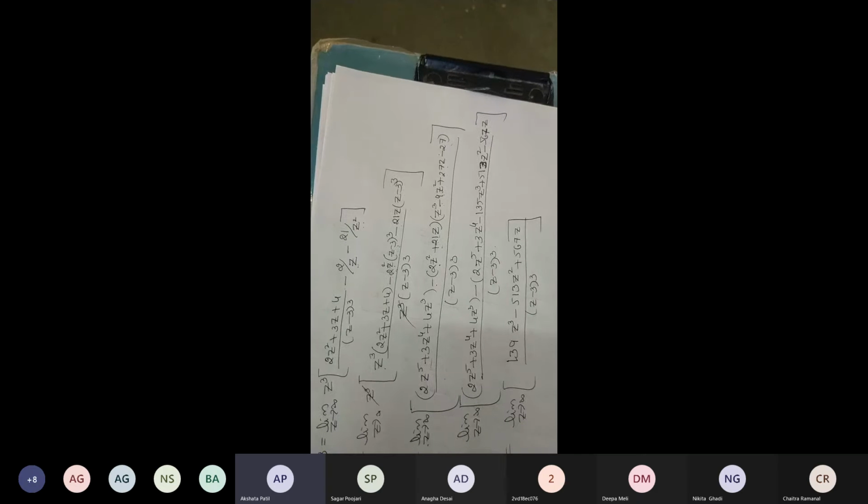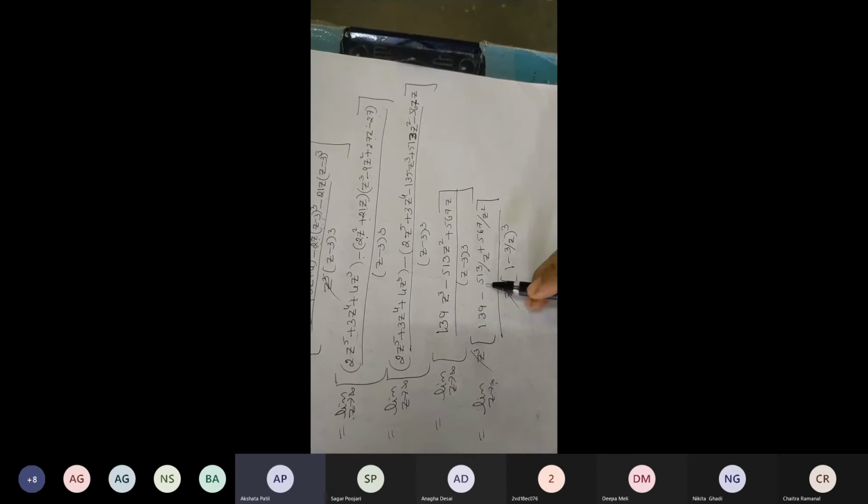Now before applying z tends to infinity, I take the highest power of z outside. So we can take z cube outside. Inside is 139 minus 513 divided by z plus 567 divided by z square. Divided by z cube, again we can take it outside. So inside is (1 minus 3 by z) the whole cube.